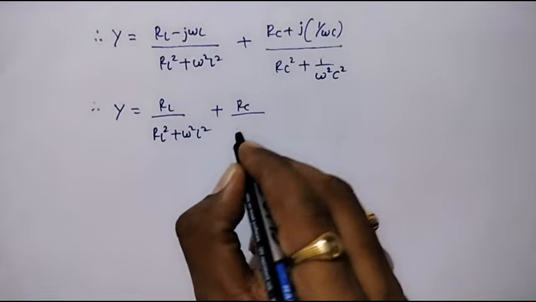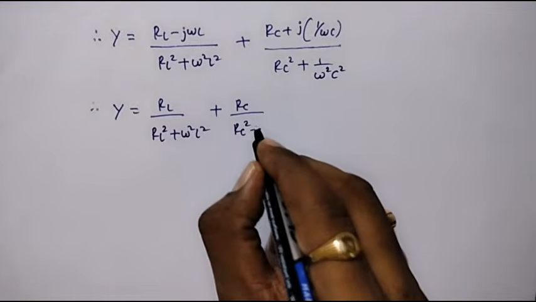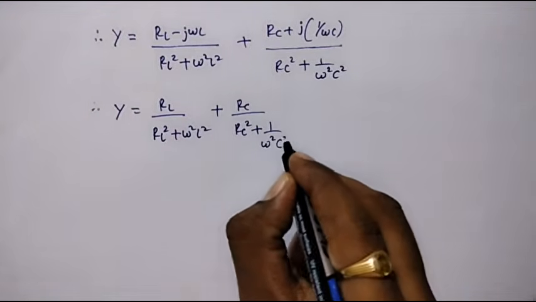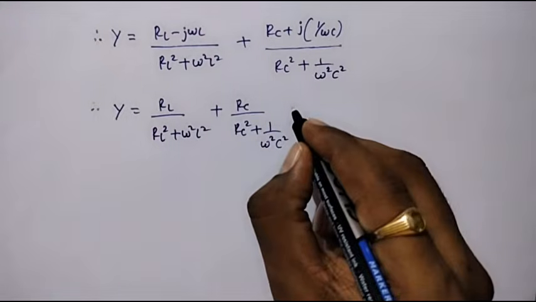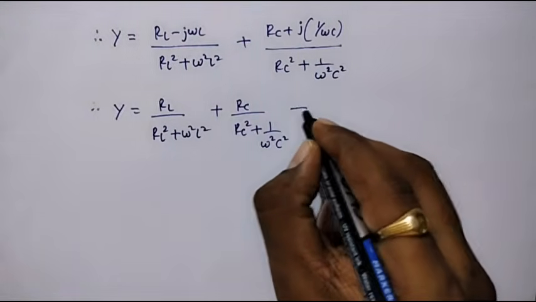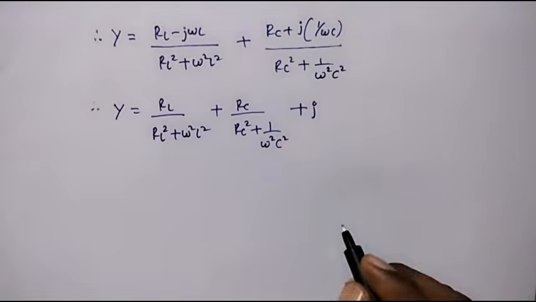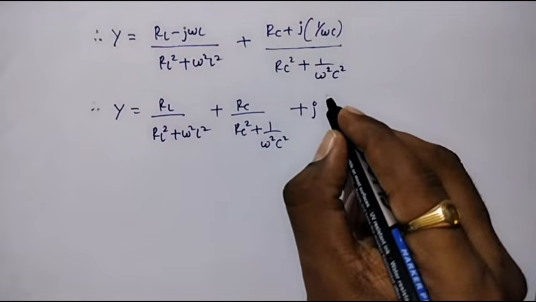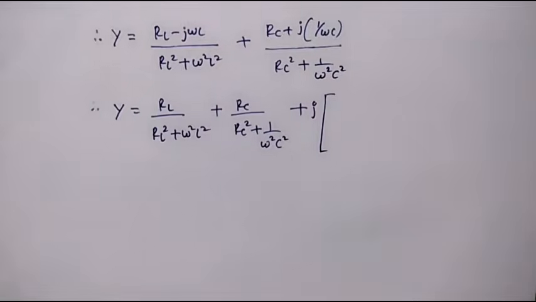Now I'll take the j term separately on one side, so I can write it as j.